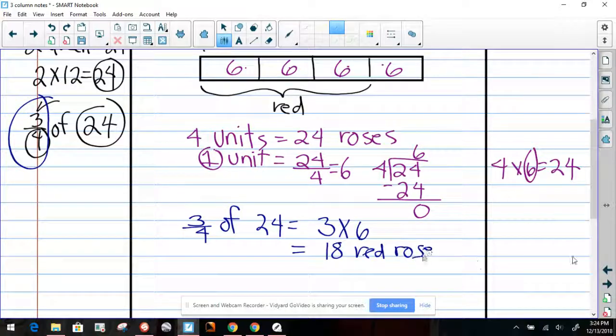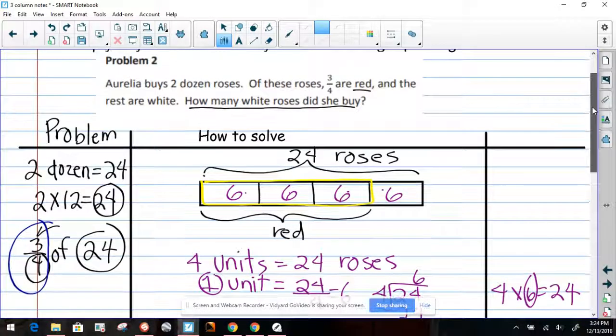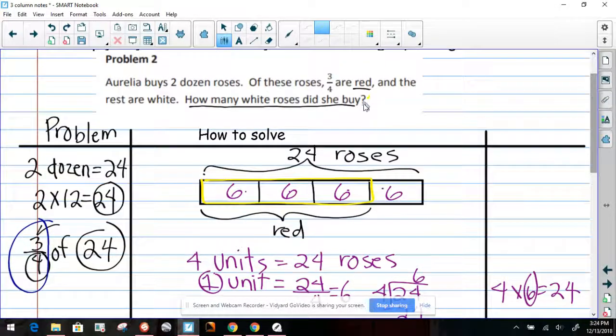So now if we look up here to our tape diagram, it is true. These are red, and if you add them up, it equals 18. So now the question is, how many white roses did she buy?